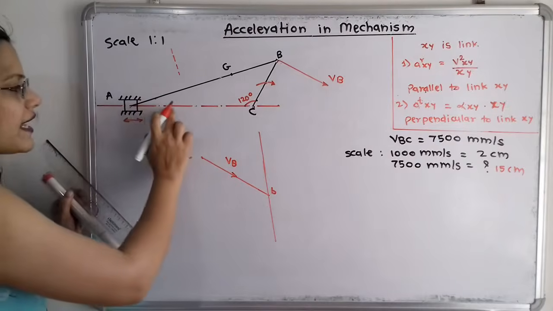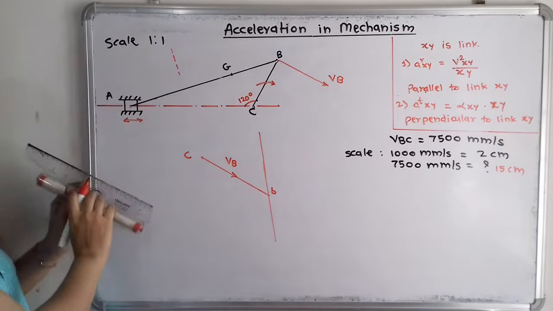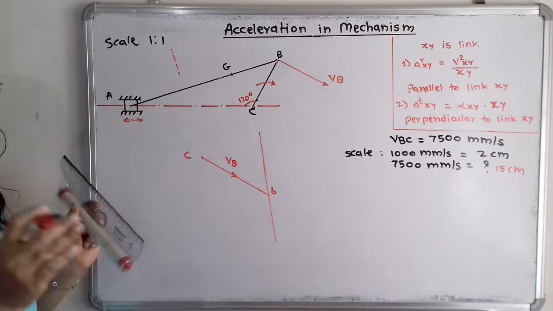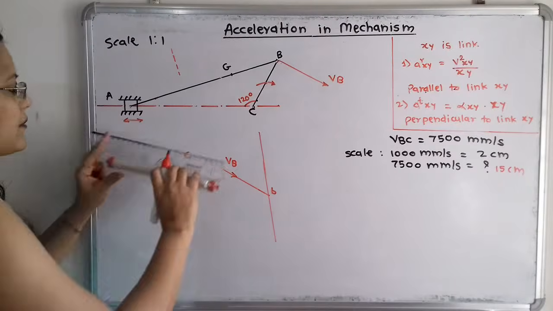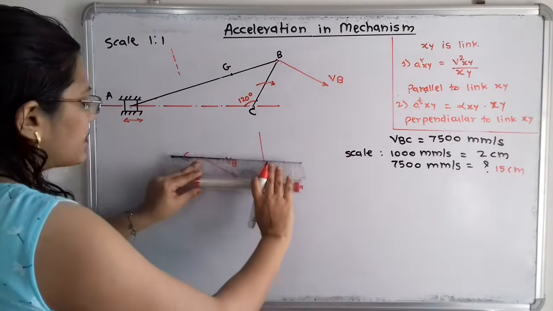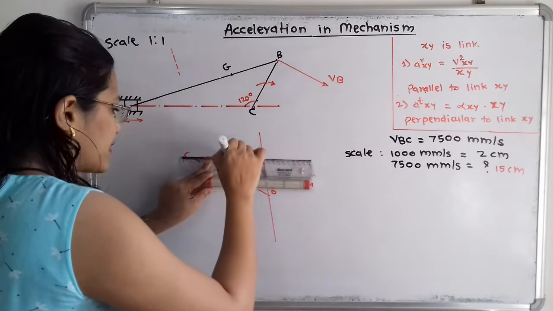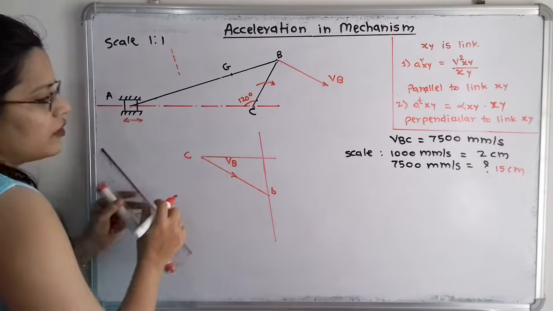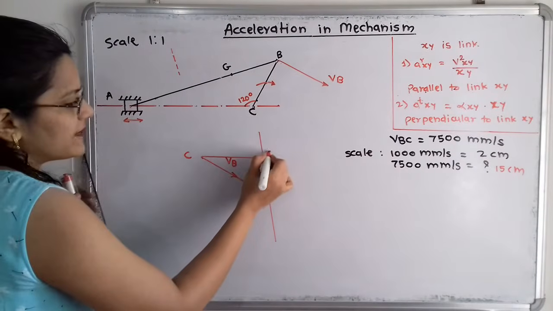So we have to take the same direction, that is the horizontal direction only. So I have to draw one line that will be passing through this point C, that is the horizontal line, because the motion is in the horizontal direction. So I will take here the one horizontal line passing through the point C. So here is the point of intersection, and this point of intersection will be point A.